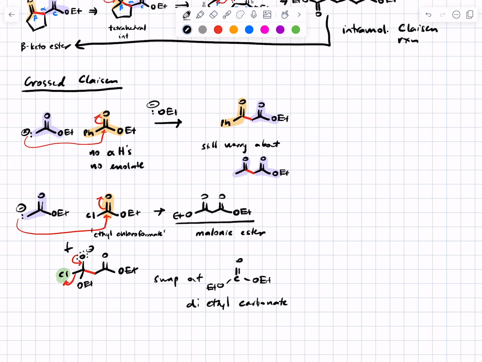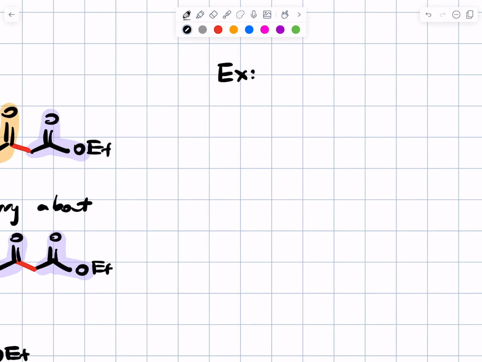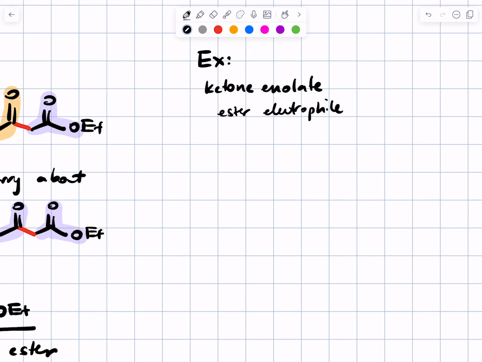One example of the Claisen is to use a ketone enolate as your nucleophile, and then to use the ester as an electrophile. The reason I mention this is because the product you will get from this looks like a Claisen product, but not completely.